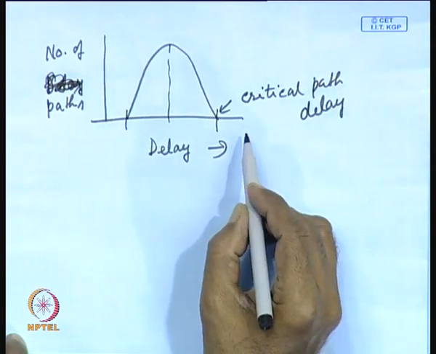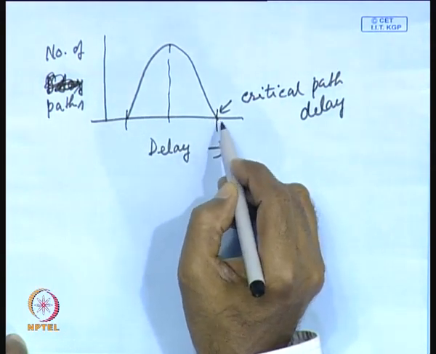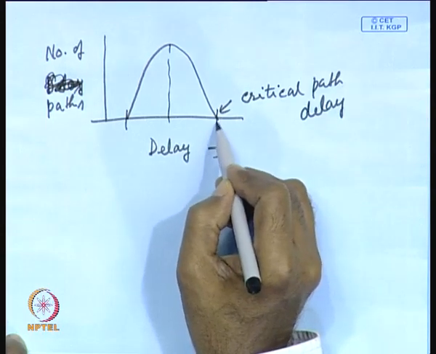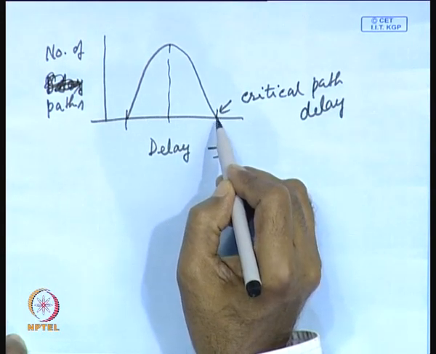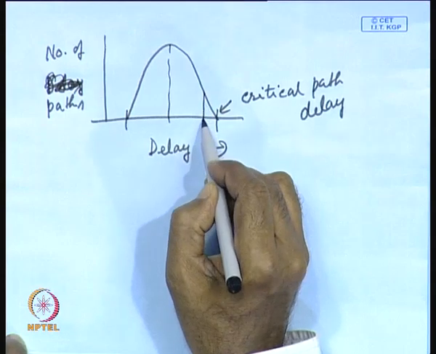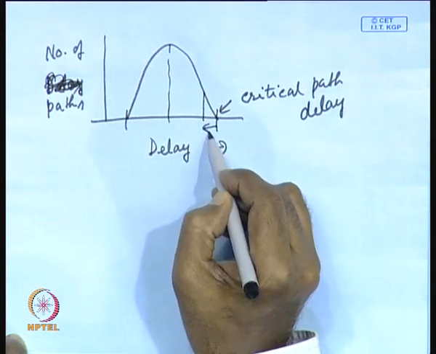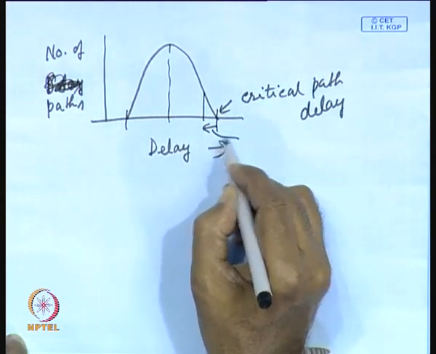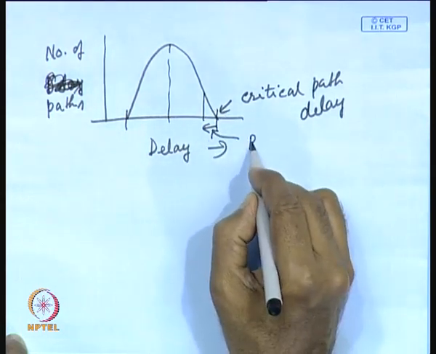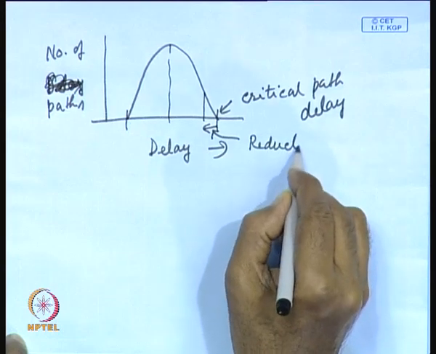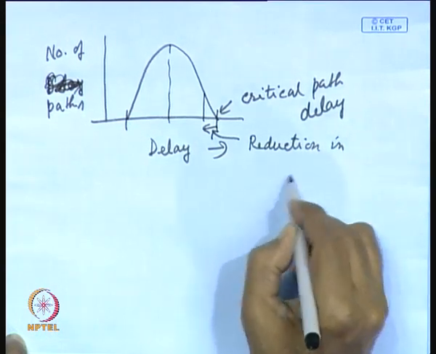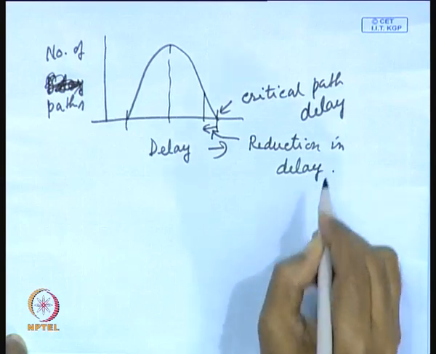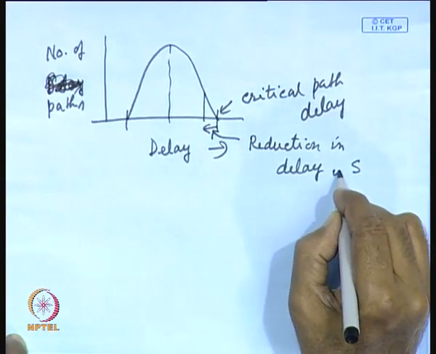Now, what we are doing initially, we are increasing the size. By sizing, we are reducing the delay and pushing it maybe to this point. So, this is the reduction in delay in the first stage, in step 1.